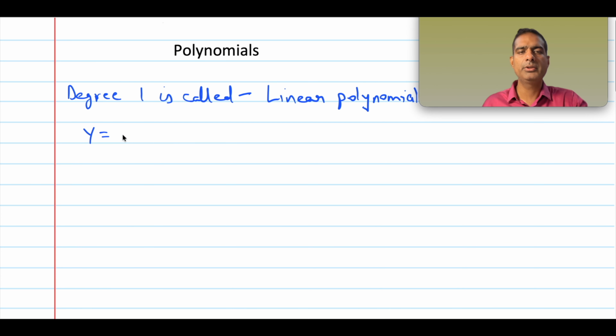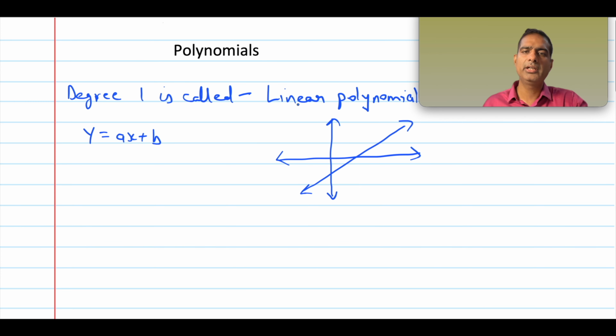In basic form, it is y is equal to ax plus b. And why do we call it a linear polynomial? Because when we draw the graph of equations of the type y is equal to ax plus b, we get a straight line. That's why it is called a linear polynomial.